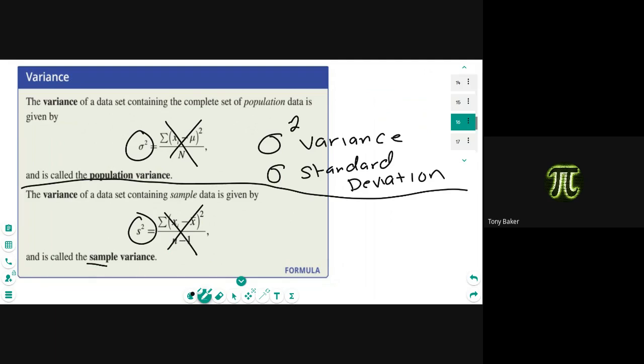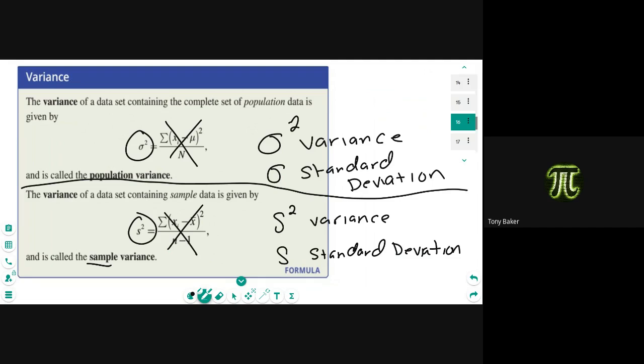Now, when you're talking about samples, it's just an s. So s² is variance, and s is standard deviation, for a sample. If you look at the formula, the only difference is at the very bottom.